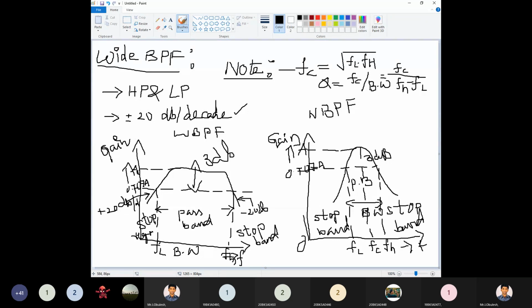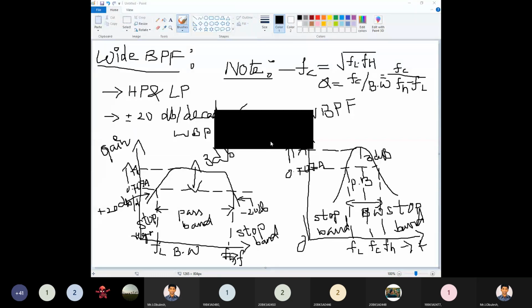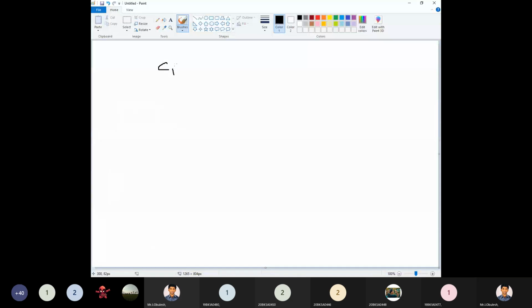Similarly, for the narrow band pass filter, C1 equals C2 equals C, and R1 equals Q by 2 pi Fc into C into AF.